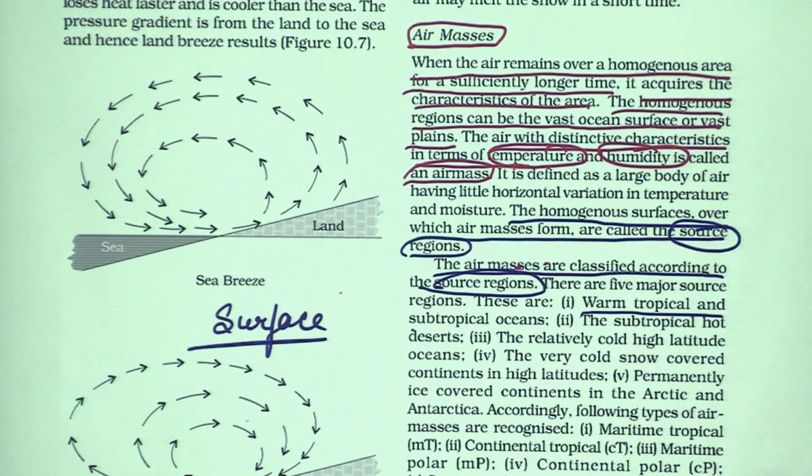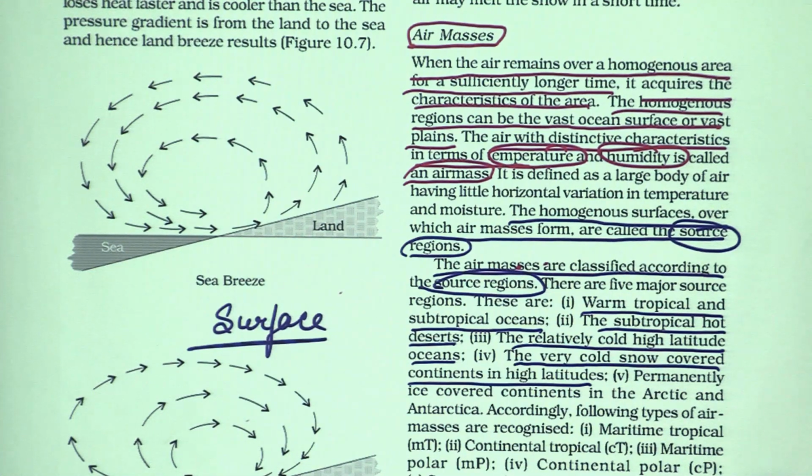Warm tropical and subtropical oceans, subtropical hot deserts, relatively cold higher latitudinal oceans, very cold snow covered continents in higher latitudes, permanently ice covered continents in Arctic and Antarctica. Accordingly, how many types of air masses do we outline?